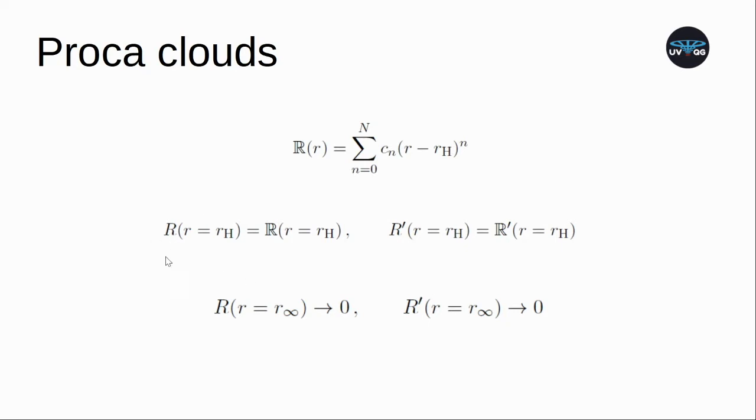Doing that, we find these boundary conditions at the horizon. Now we choose an initial guess value for the parameter A of the black hole, we substitute this in the radial equation, and we solve this equation from the horizon to infinity until we find a value of A for which the condition at infinity is obeyed.